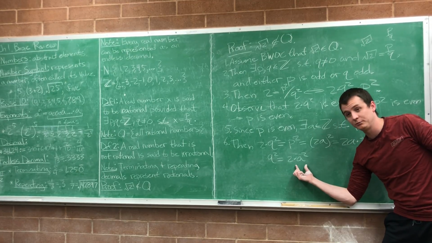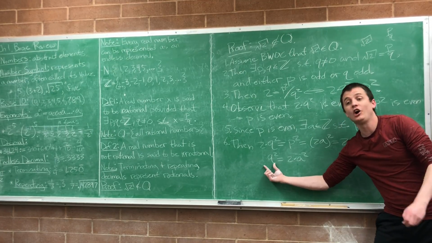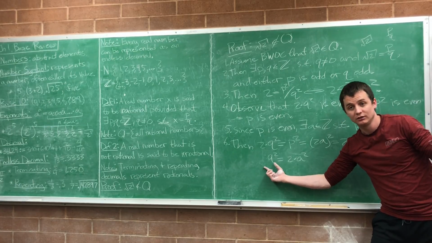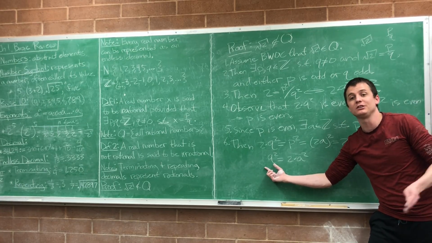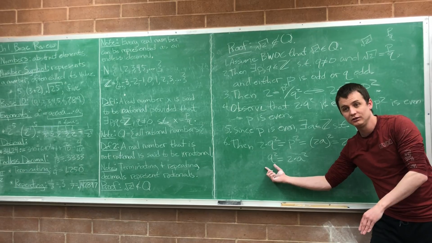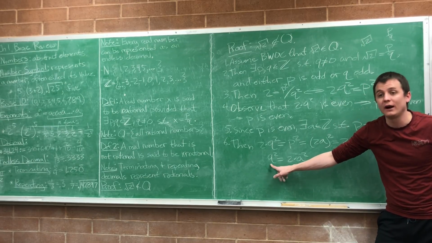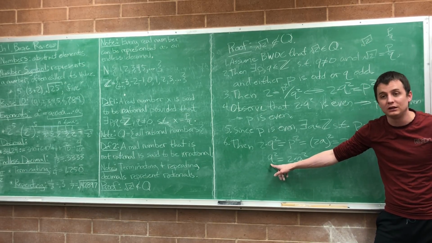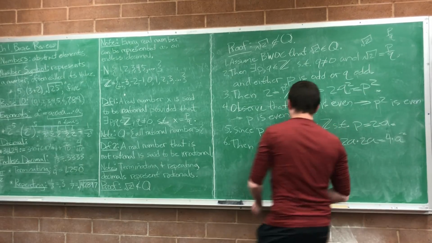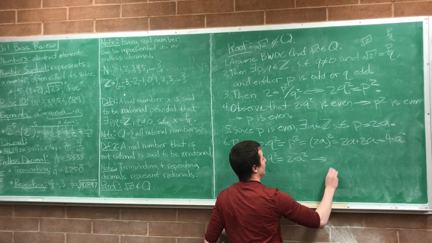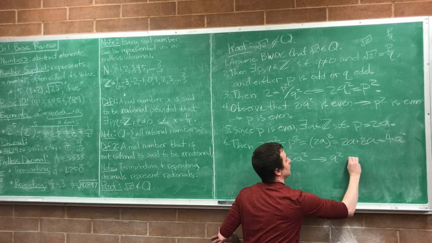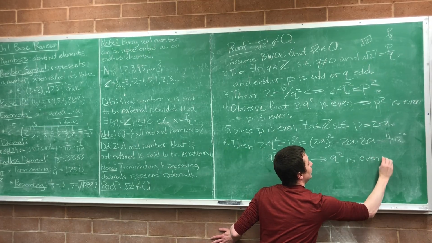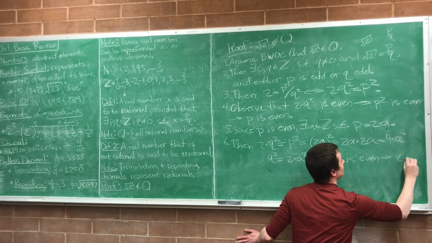And an odd times an odd is always odd, and an even times an even is always even. So if q squared is even, then q has to be even.